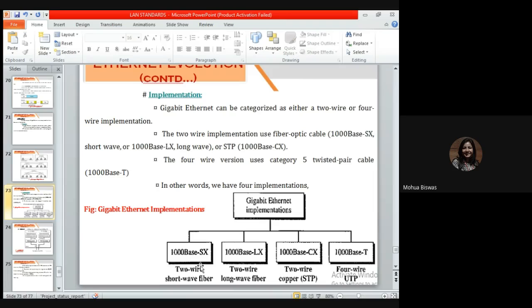If you see the level diagram of gigabit implementation, the first three implementations, that is 1000BASE-SX, 1000BASE-LX, and 1000BASE-CX, are two wire. The first two use fiber optic cable, and the third one uses shielded twisted pair cable. The last one is 1000BASE-T. They have used unshielded twisted pair cable, but with four bidirectional cables here. Draw this diagram.